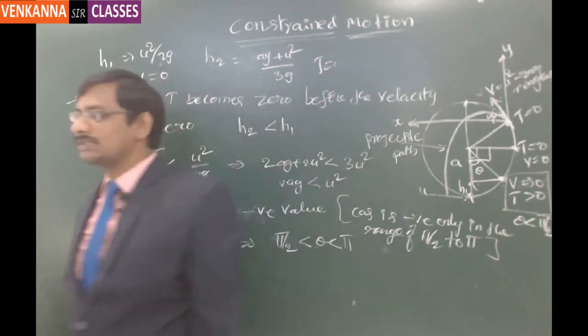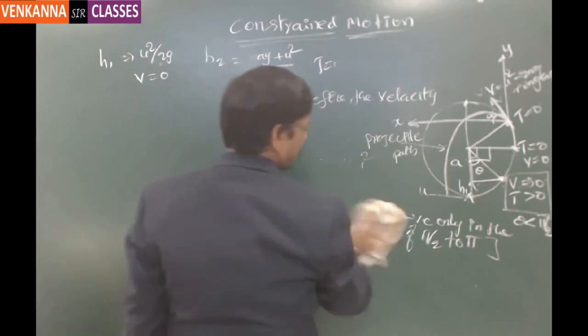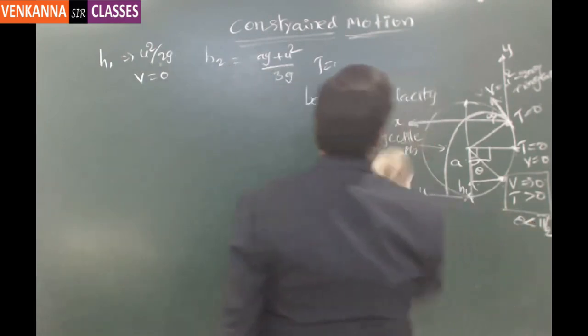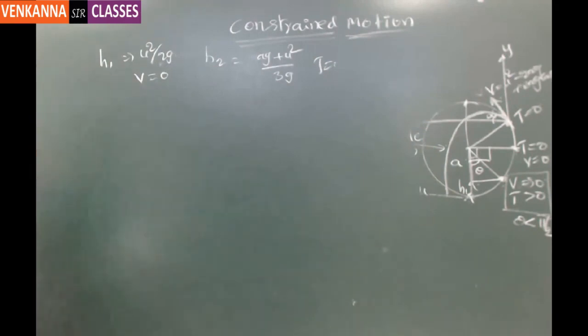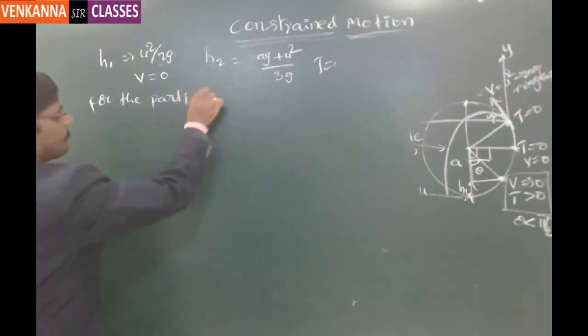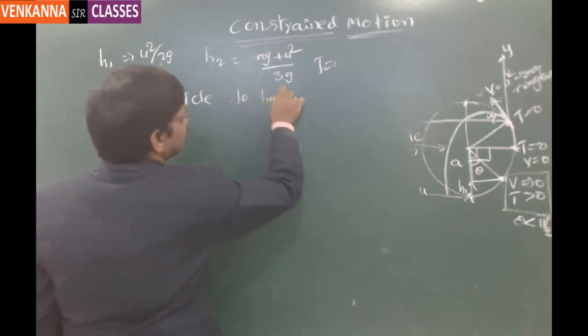So we are going to analyze the next case as well. Now the third case is for the particle to trace a complete circle.